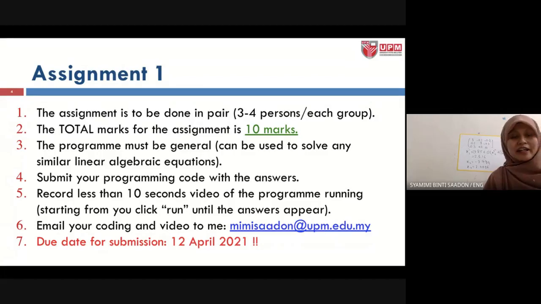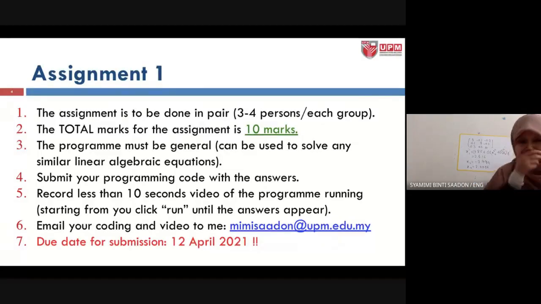If you want to sketch a graph, maybe not this assignment, but next assignment, if you have figures to sketch, then you can include the figures inside the report. Just simple. You don't need to write anything like a thesis.